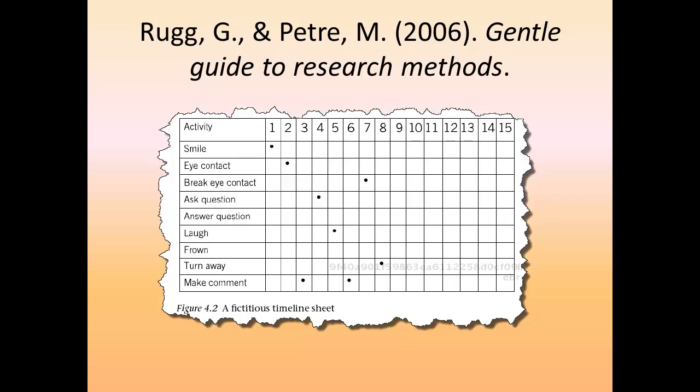I include Rugg and Petre's chapter on observation because they give some additional examples of observation which are simpler than Haynes and O'Brien. In sum, Rugg and Petre are covering the same concepts with a different process that may better fit the unit of analysis in your research question.